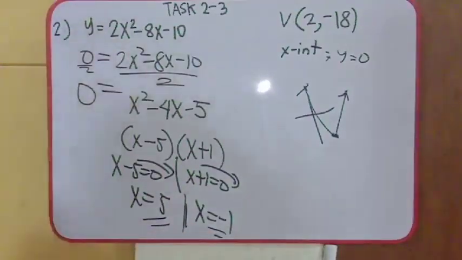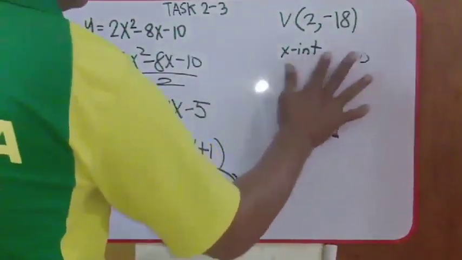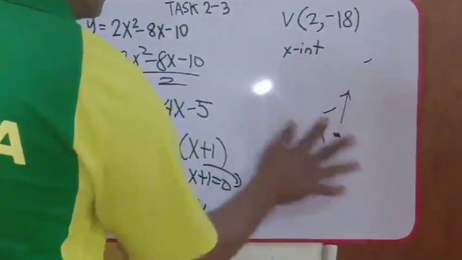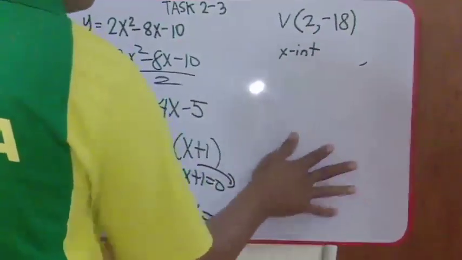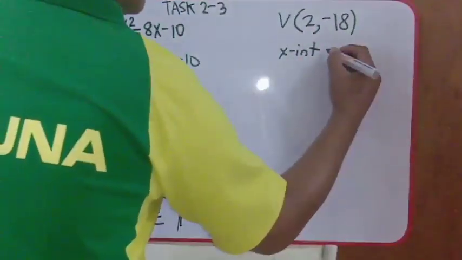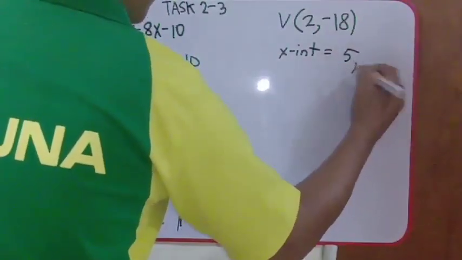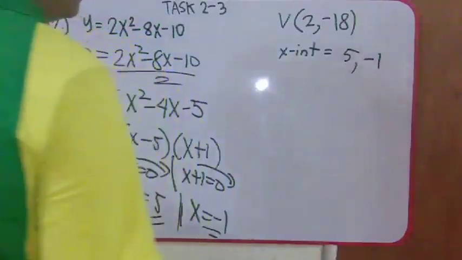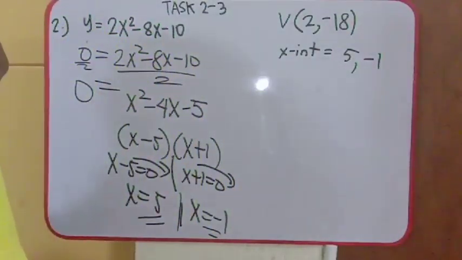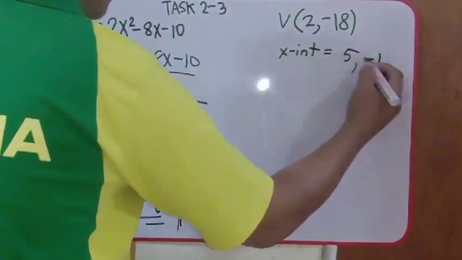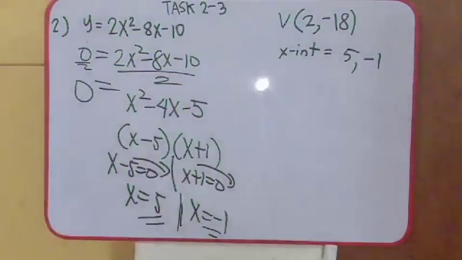So, susulat na natin dito. So, X-intercept is 5 and negative 1. Okay? So, that is our X-intercept. X equals to 5 and x equals to negative 1.